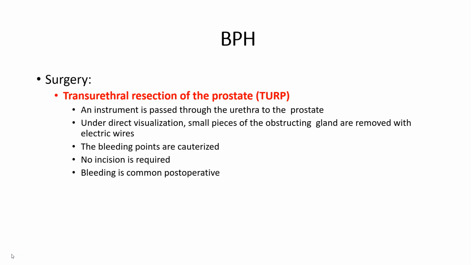The catheter may stay in place about 3 to 5 days to help drain the bladder, and it's going to be irrigated, and we're going to talk about that in a second. It's going to be irrigated continuously for the first 24 hours because you want to get rid of those clots and those chips of the prostate that they chipped off. You want to make sure that catheter remains patent.